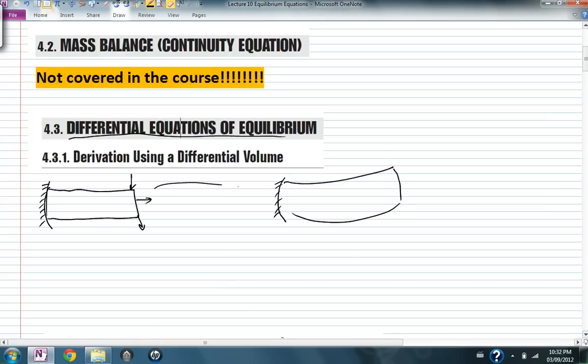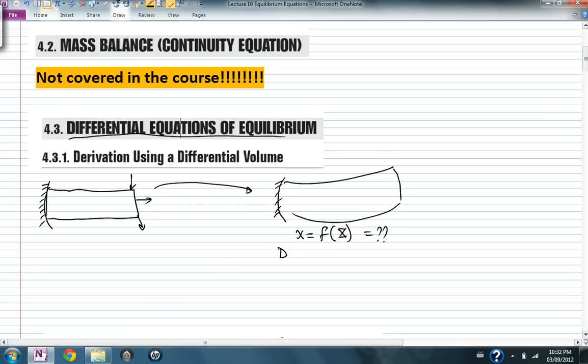What is the new position function x as a function of the old coordinate? To find x, we need to solve a differential equation, the differential equation of equilibrium, which is based on Newton's equation.